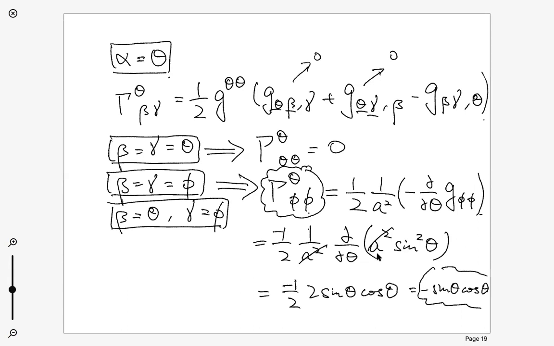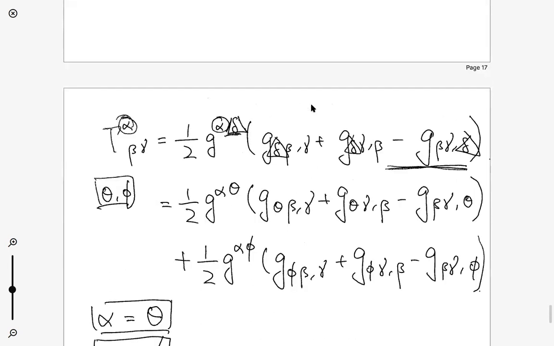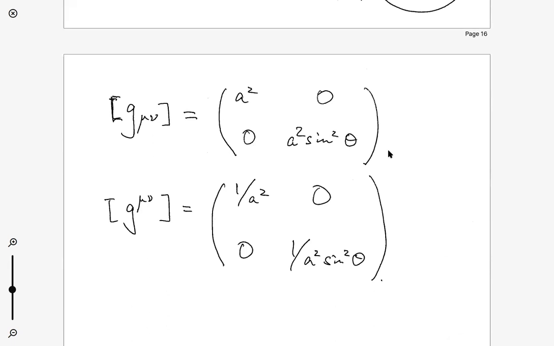What about this case, when they are different? If we look at this very quickly, the first term is 0, right? Because when gamma is phi, it means that we are taking derivative with respect to phi. But we remember that there's no phi in the metric.